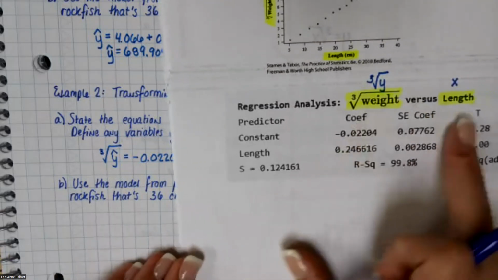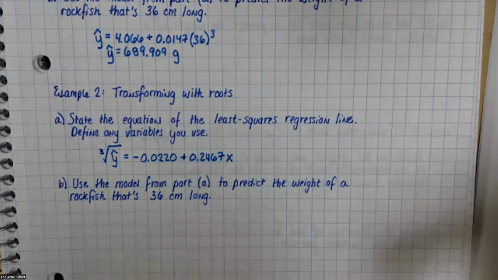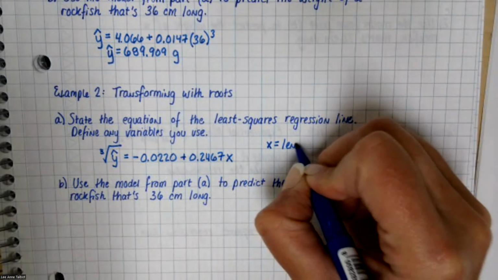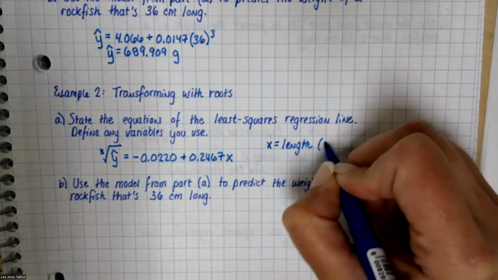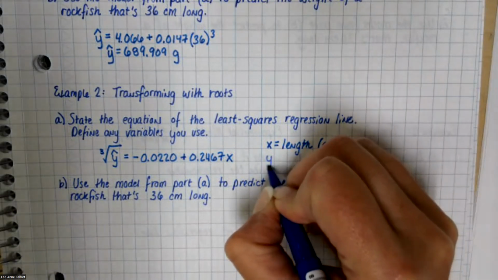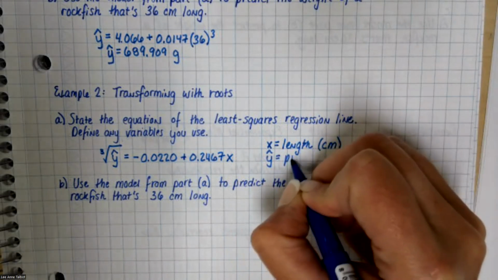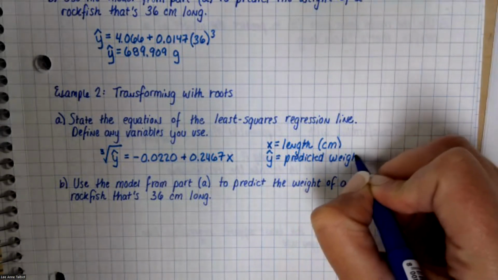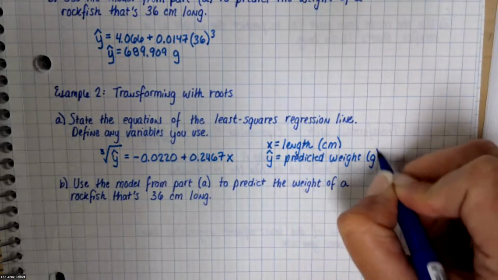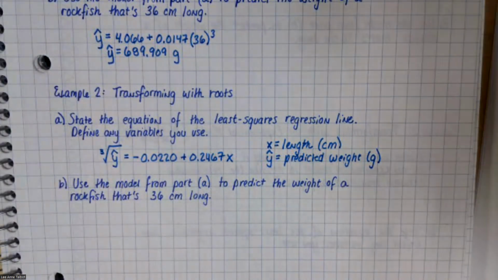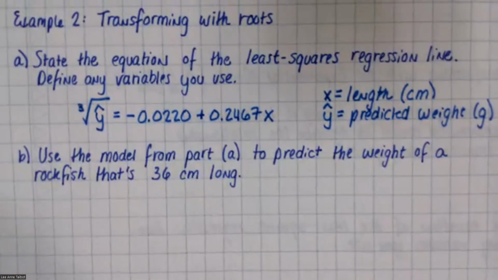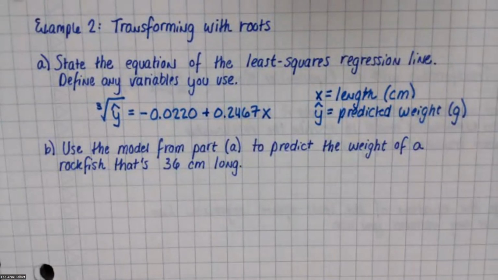So cube root of y, plain x. Variables are defined the same as the original and the same as the other one. We have to do our math a little bit differently.